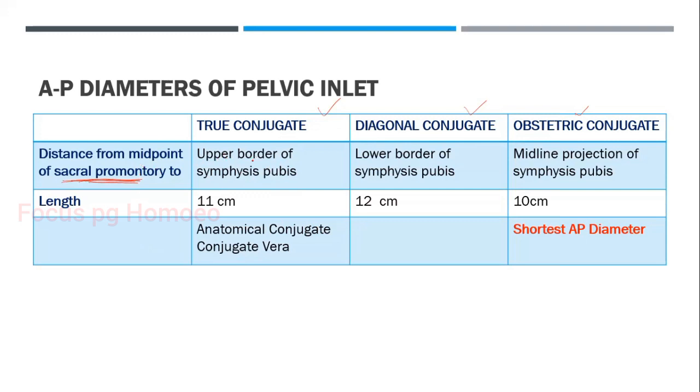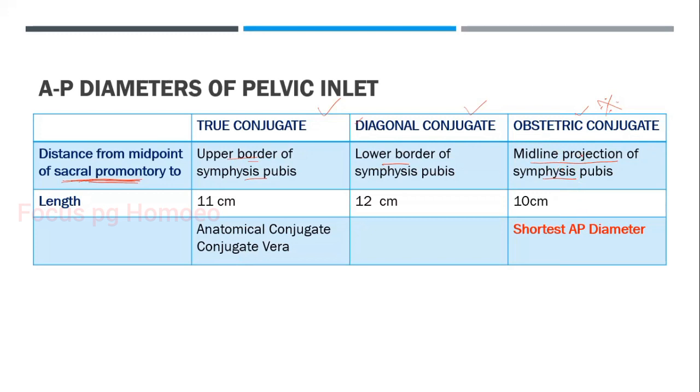If it goes to the upper border of symphysis pubis, it is called the true conjugate. If it goes to the lower border of symphysis pubis, it is called the diagonal conjugate. And if it is the midline projection, in between, it is called the obstetric conjugate. You should understand this is the most important diameter when it comes to obstetrics or normal labor.